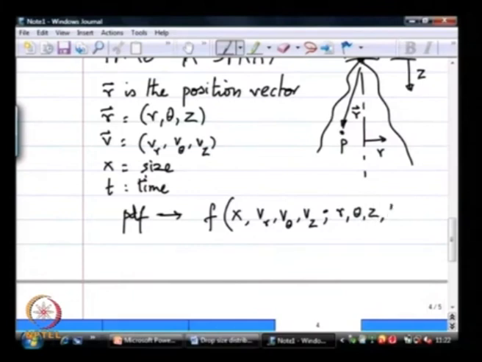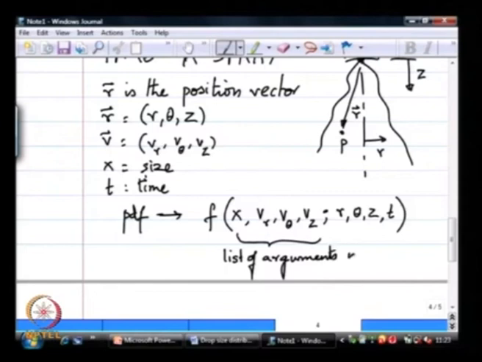I use a semicolon to separate the list of arguments in the PDF, describing the PDF space, from the physical space.